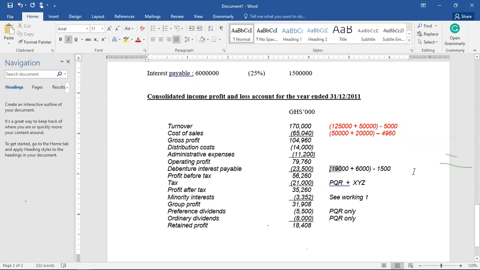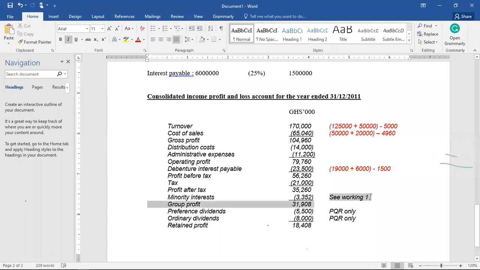So 1,500. Bear in mind, we are shortening 3 zeros out of it. You get a debenture interest payable. You less from it to get your profits before tax. The tax is straightforward. You just add the 2 tax, you get this 21,000. Tax here is 14,000 plus 7,000, you get 21,000. You get a total profit after tax.